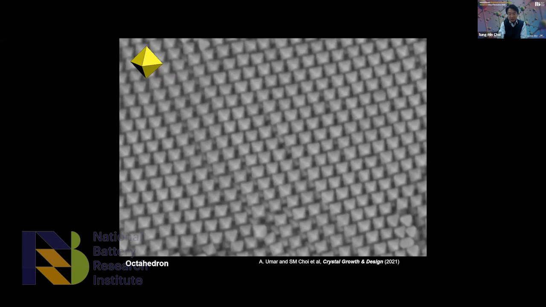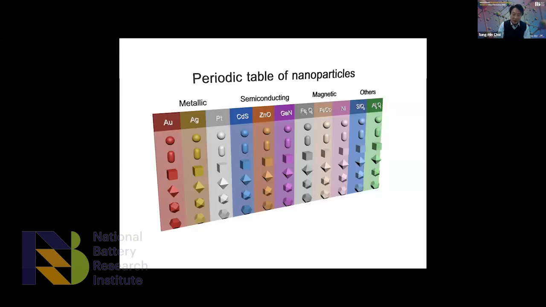So having this kind of thing, not only by us but by many groups in the world, people can make various kinds of nanoparticles with different shapes and sizes.